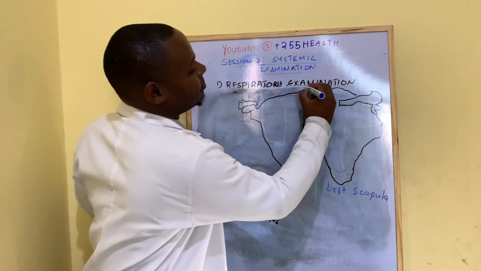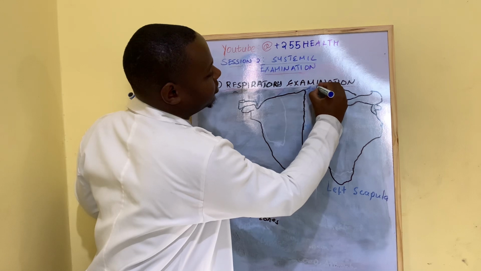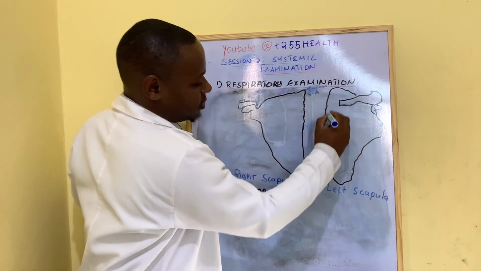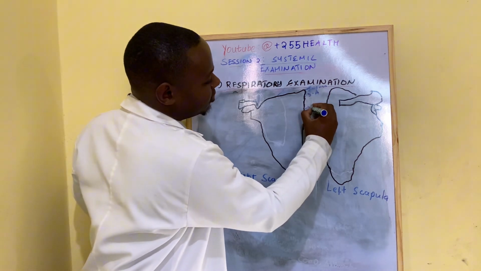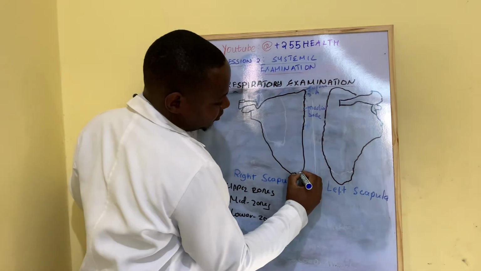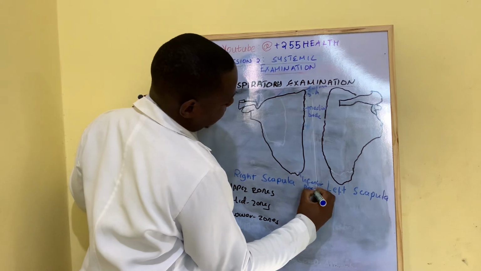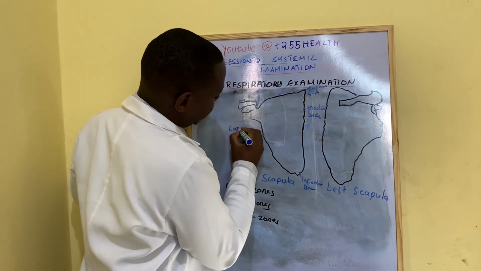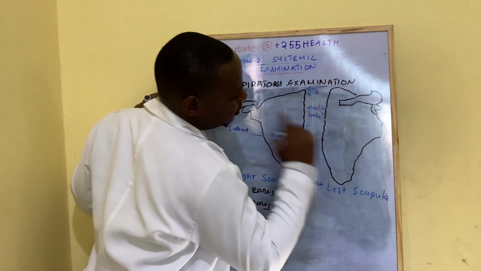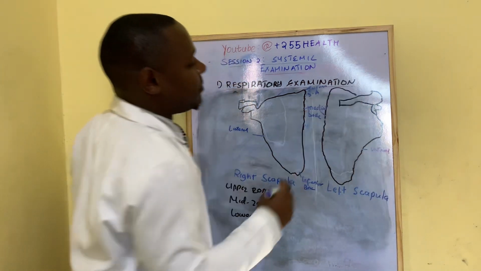So this is the superior scapular angle, and from here you have your medial border, and then you have your inferior border, and this side is your lateral border. And the same here: this is your medial border, and this side is the lateral. And the same applies here.